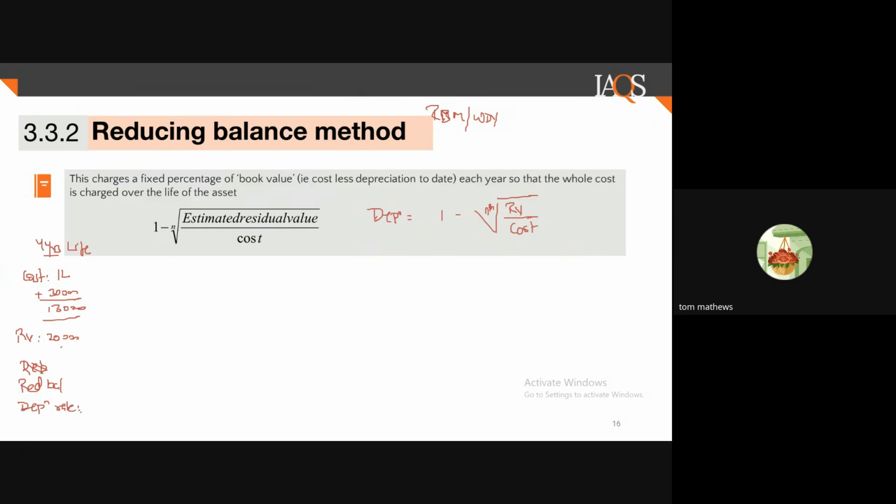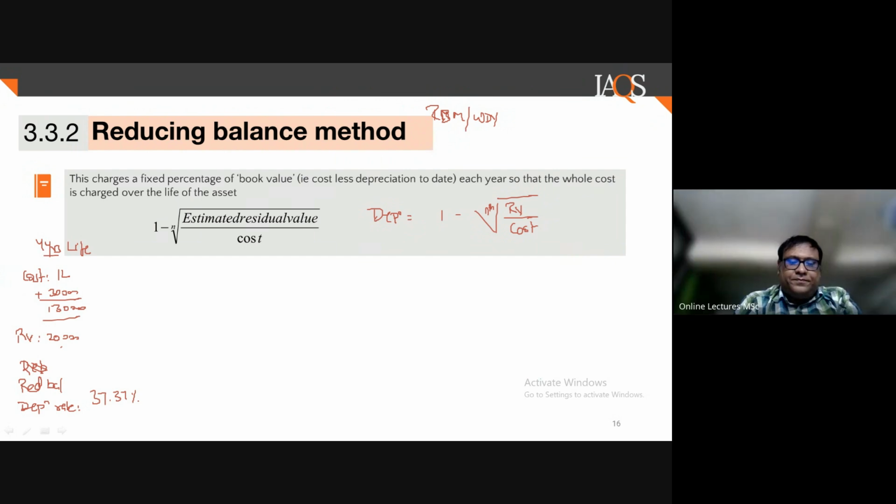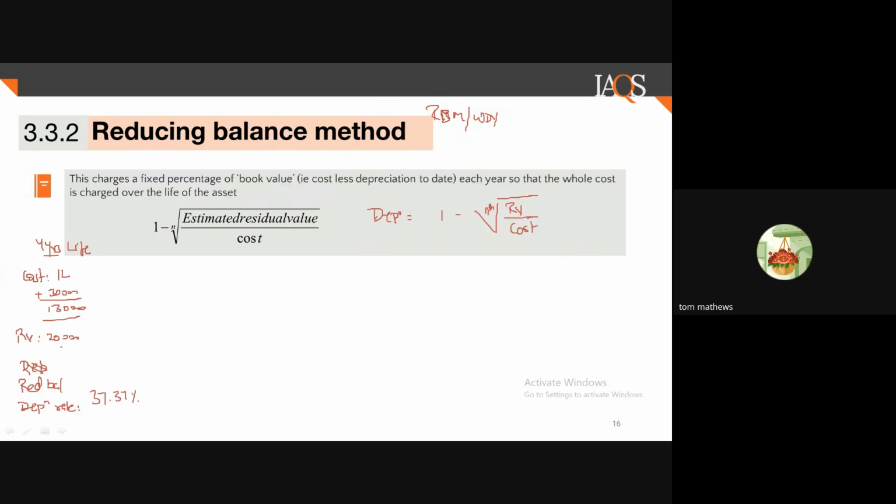So 1 minus the estimated residual value, 20,000, divided by the cost, 1.3 lakhs.